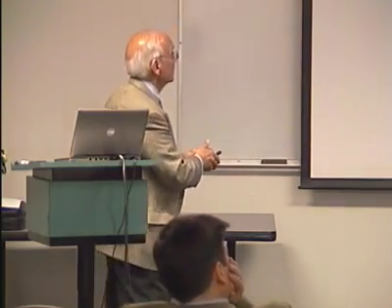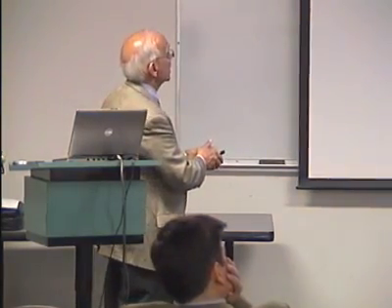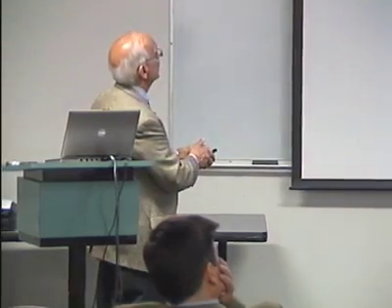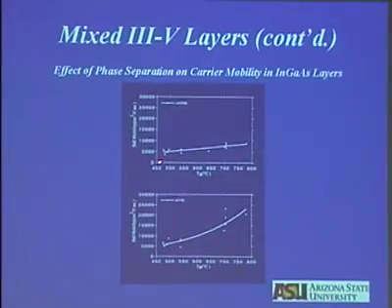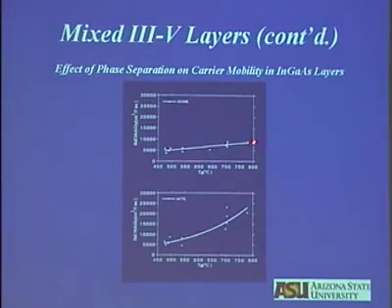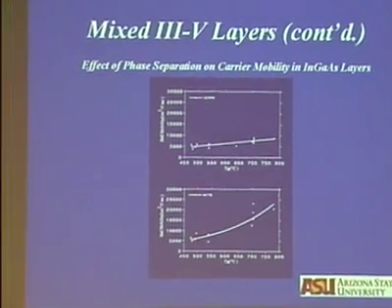So if you measure the carrier mobility at, say, room temperature, you see this dependence: the higher the growth temperature of your indium gallium arsenide layers, the smaller the effect on the mobility.